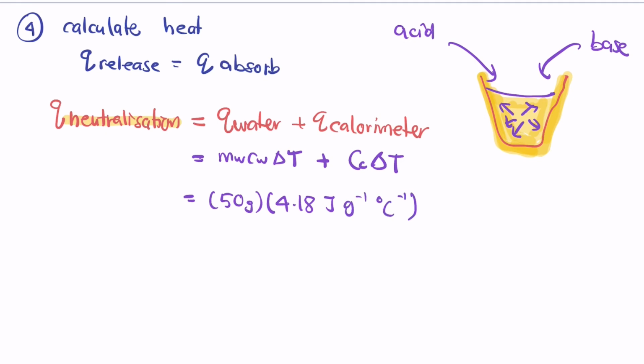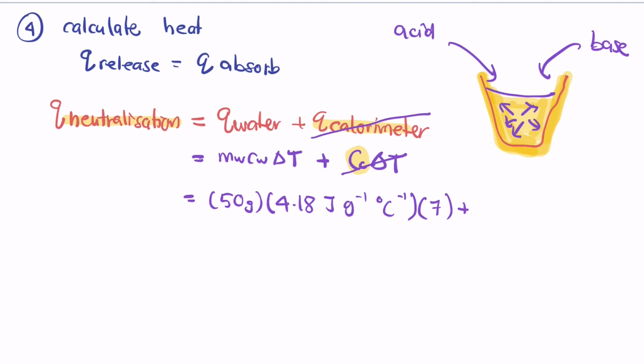And then delta T, as given from the question, is 7. For the calorimeter, as you read from the question, there is no info about the heat capacity of the calorimeter, so you can just ignore the heat absorbed by the calorimeter.